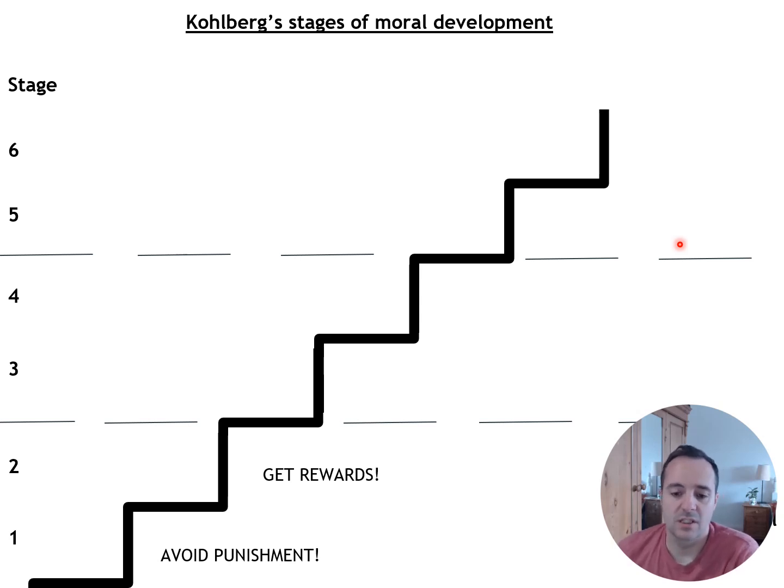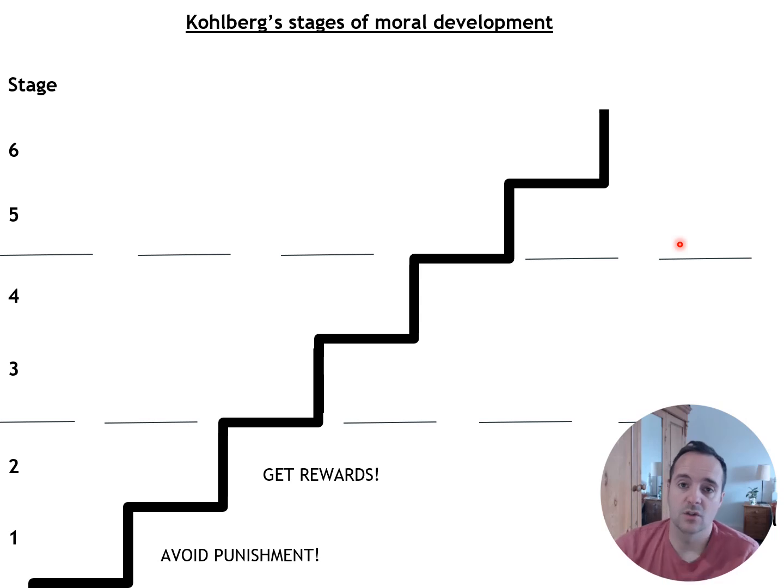Now, this first level you can't see because very inconveniently it is under my face. It's called the pre-conventional level, and Kohlberg said this was basically what you observed in fairly young children. So basically, we don't do stuff that we get punished for, and we do things that we get rewards for, and that's the most basic form of morality.